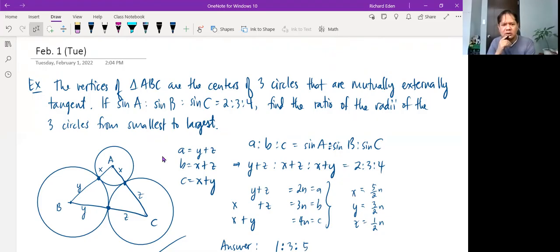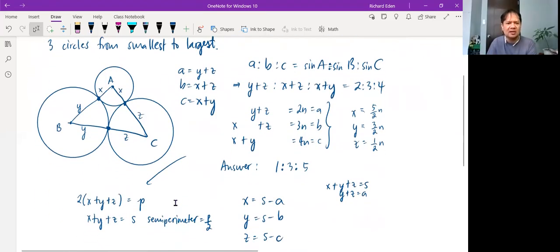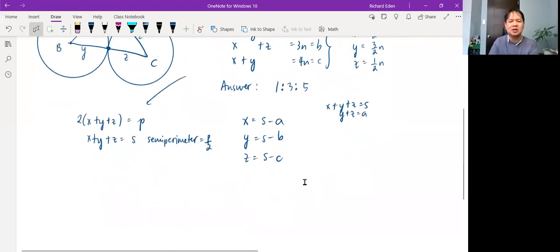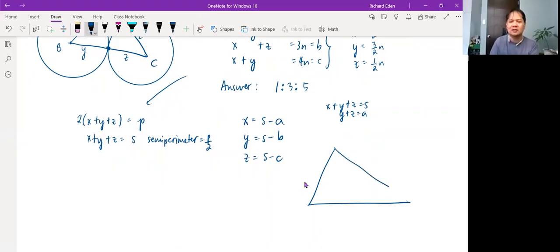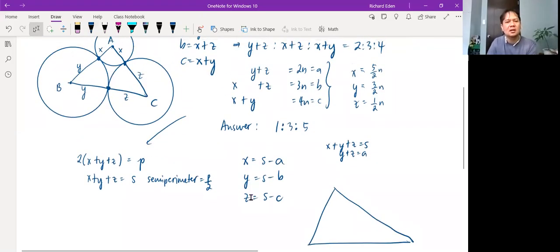I'm sure we could come up with something. I'm thinking maybe a similarity result. Let's do a quick doodle here. It's impossible for it to be similar because the angles can be switched. But maybe this is area constant or something?